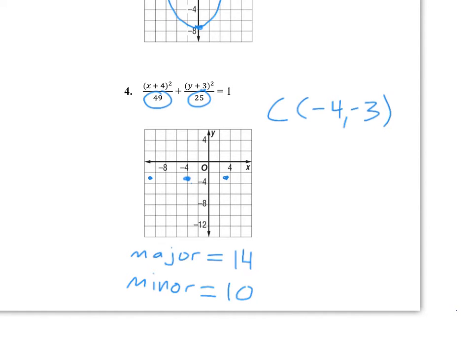And underneath y, we see a 25, so we're going to go up and down 5. And then we make our ellipse.